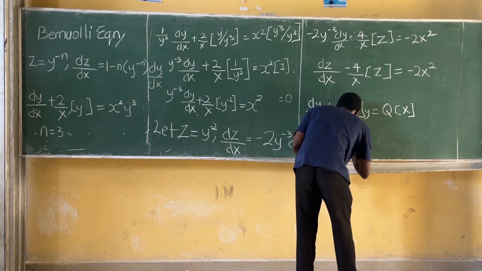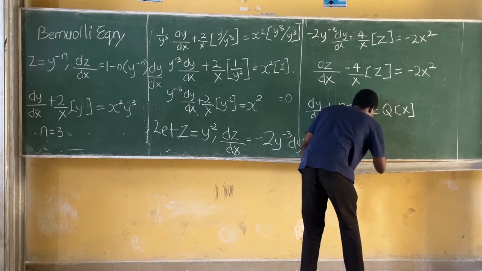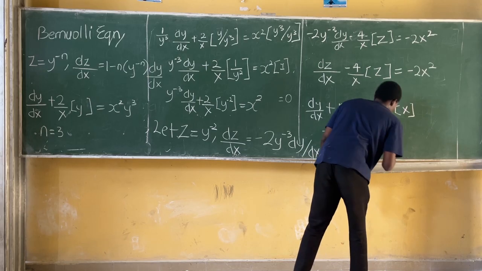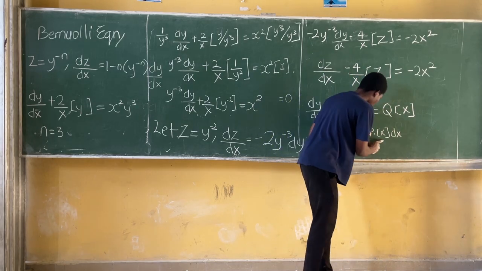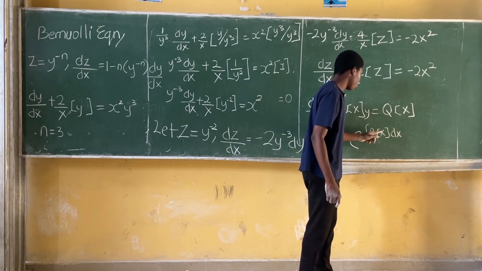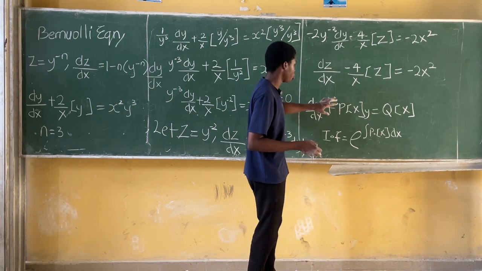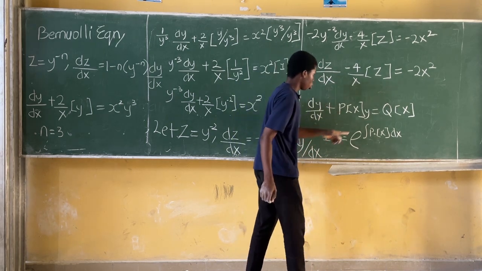It's equal to e raised to the power of the integral of p of x dx. So this is an exponent, and we are going to be raising e to a power, whereby we are integrating p of x with respect to x. So now, if we compare this equation to this.